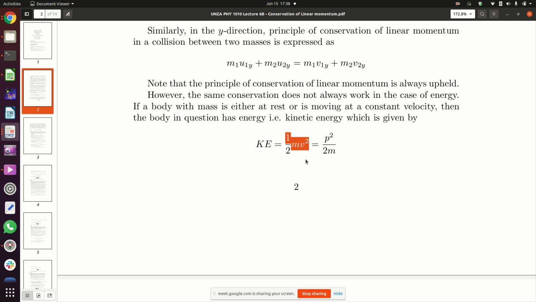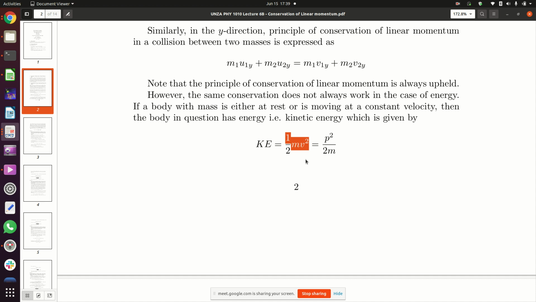Are we clear? That is the assumption we make when we apply conservation of linear momentum. We assume that these objects which are colliding are moving with constant velocity. Either some object has a velocity of 0, or an object is moving with a velocity not equal to 0, but that velocity does not change as time passes.